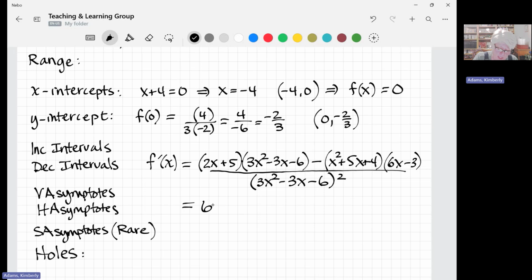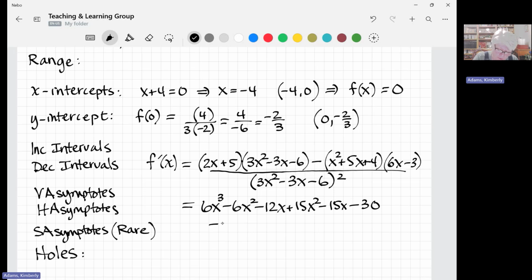This will give me 6x cubed minus 6x squared minus 12x plus 15x squared minus 15x minus 30. And then I've got this quantity, which I'm going to write right below it. Kind of bad notation, but you get the idea.